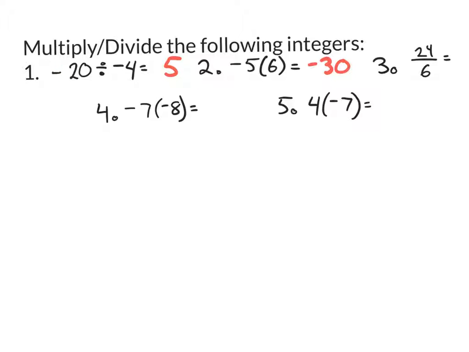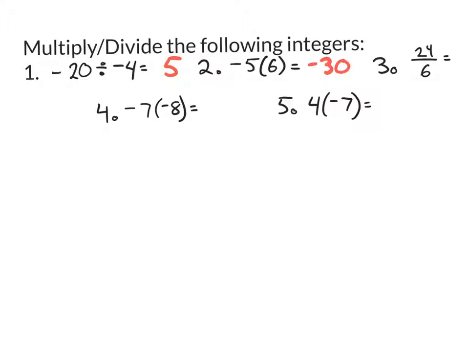So right here, negative, negative, the answer is positive. Right here, are they the same sign? No. That's why the answer is negative. So a negative 5 times a positive 6, the answer is negative 30. If you're confused about the rules, you could think of that situation. A bad thing happens to a good person. That's sad, right? That's negative. That's bad.